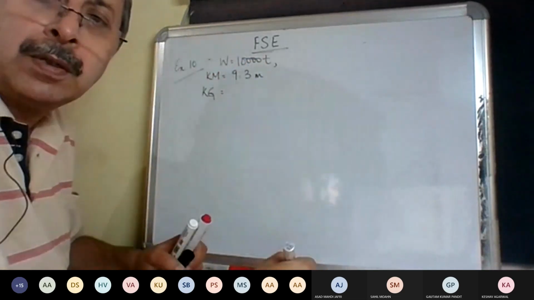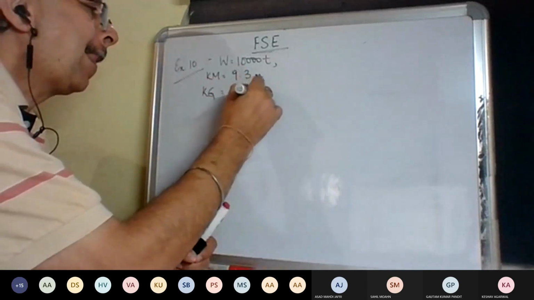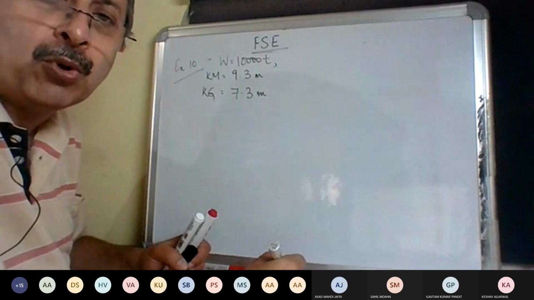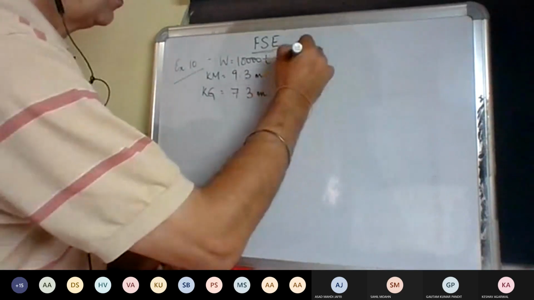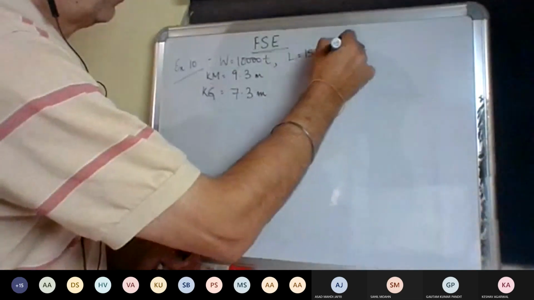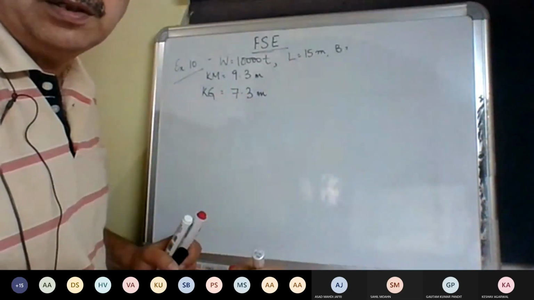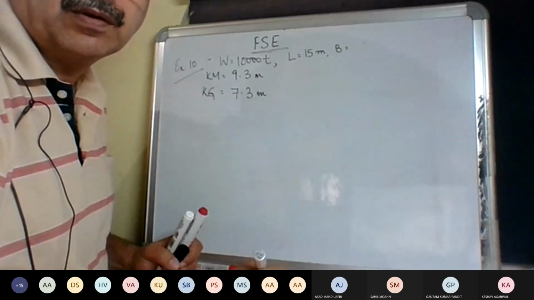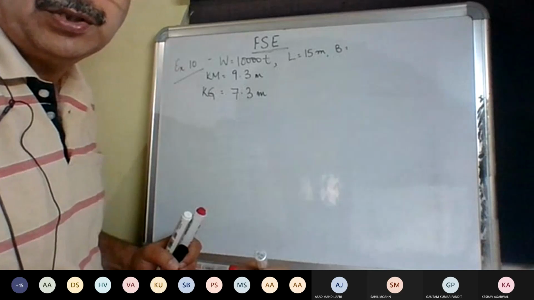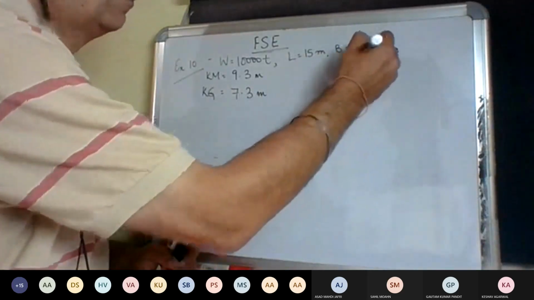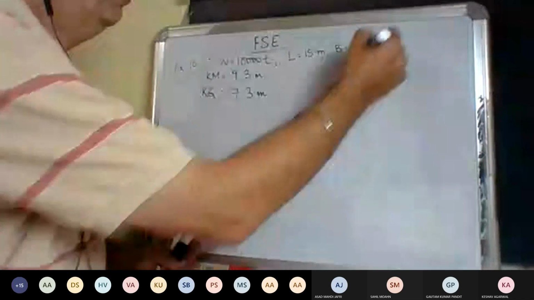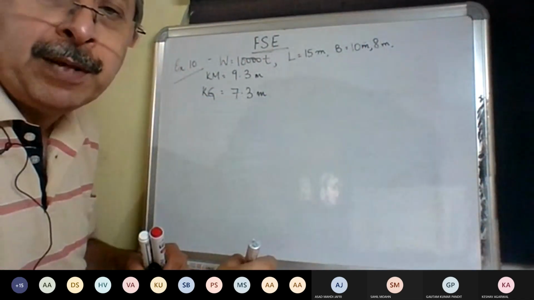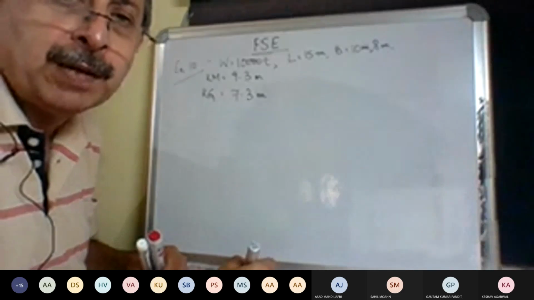KG 7.3. Has 2 rectangular identical deep tanks, port and starboard. Each is 15 meters long and each is 10 meters wide and 8 meters deep. The starboard deep tank is full of salt water, while the port deep tank is empty.